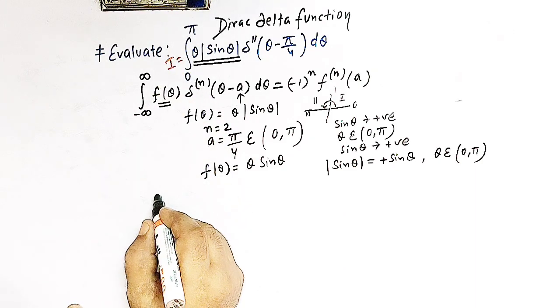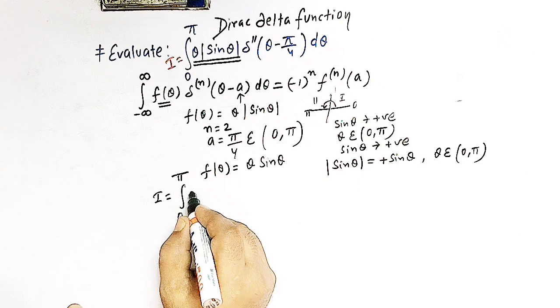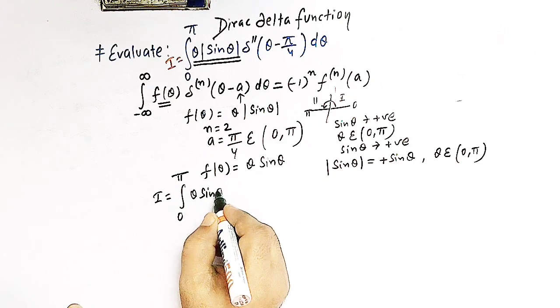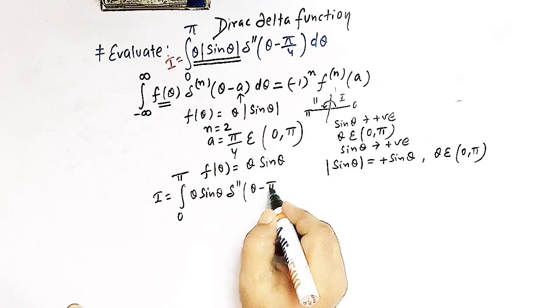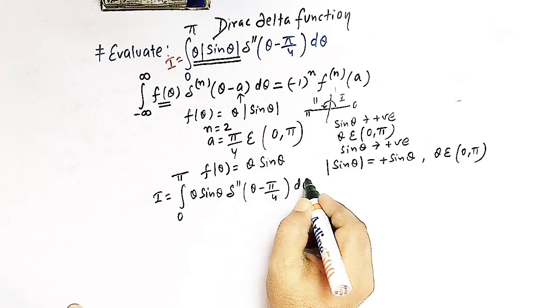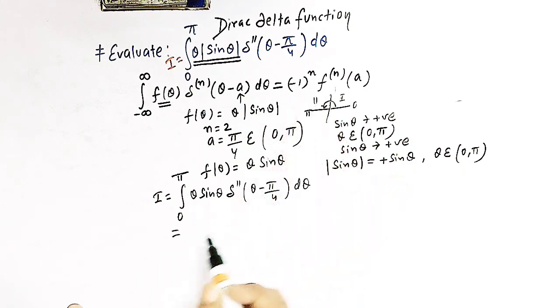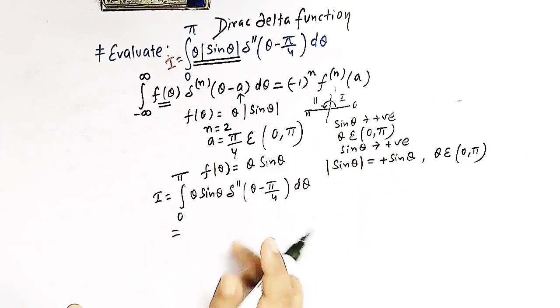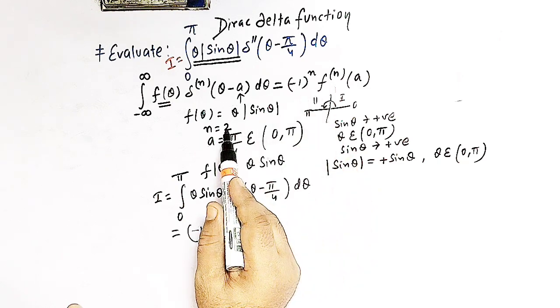So now we can write this integral I as the integral from 0 to pi of theta sine theta and delta double prime of theta minus pi by 4, d theta. So using this result, we have the value of this integral as minus 1 raised to n. N is 2.